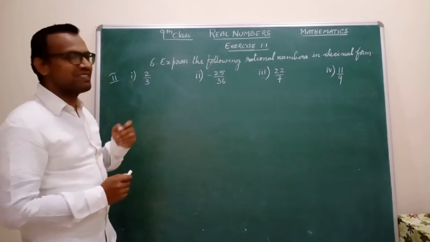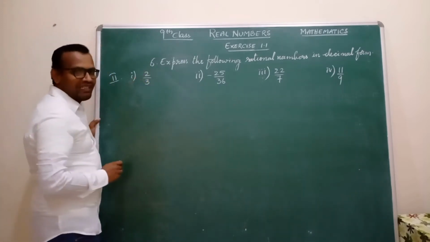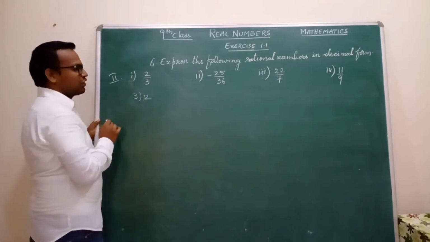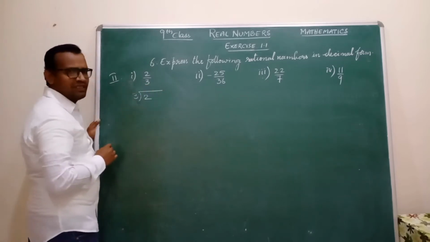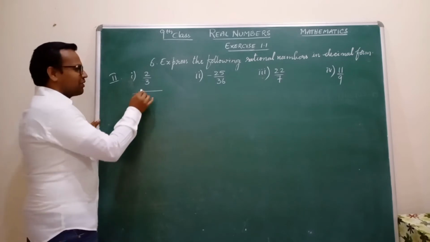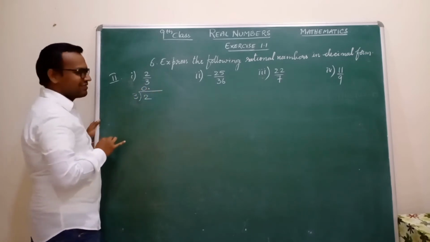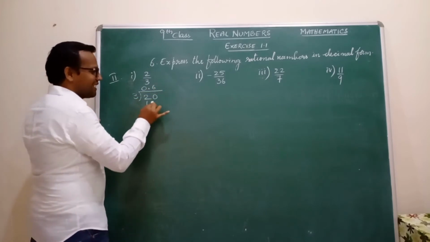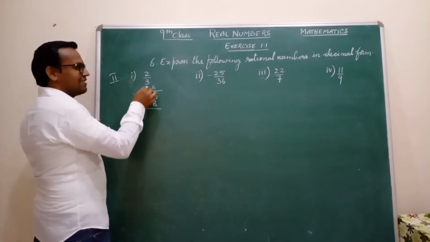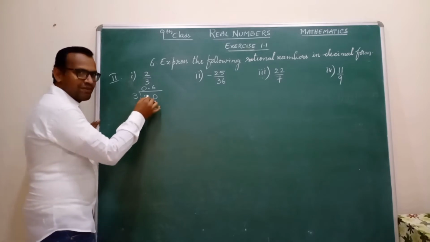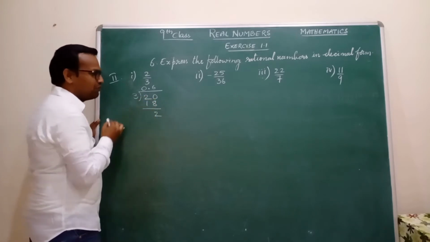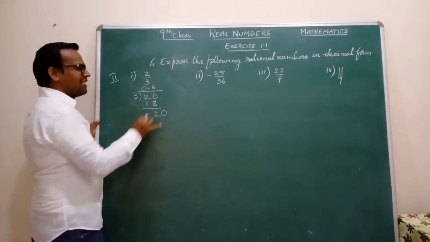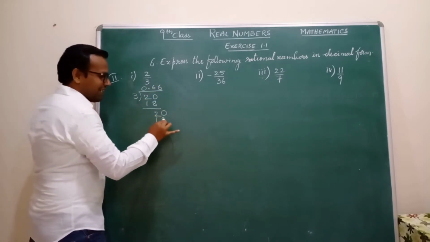Now let's start with the first one. 2 by 3. Right. So by 3 we need to divide 2. Okay, 2 doesn't go in the 3 table, so what we'll do? 0 point. So it becomes 0. 3 6s are 18. Since decimal point, the difference between 20 and 18 is 2. Since the decimal point is there, we can take 0. Again 3 6s are 18.